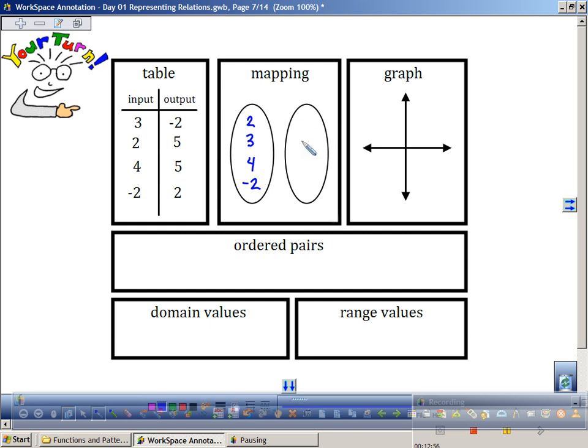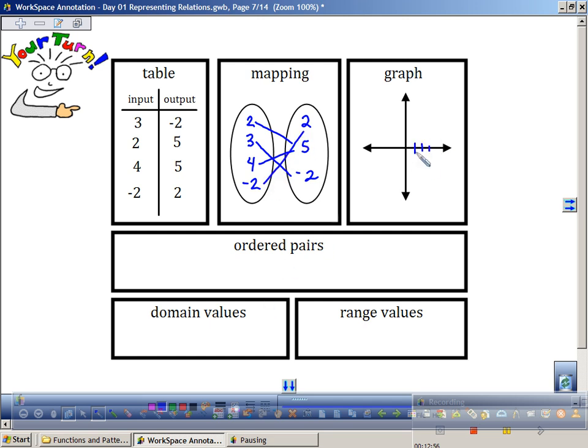Let's do like we did the last one. Let's do 2, 5, and -2. What does the 2 go with? The 5. And the 3? The 3 goes with the -2. And the 4? The 5. And the -2? The 2.